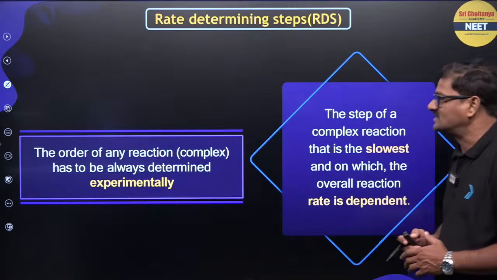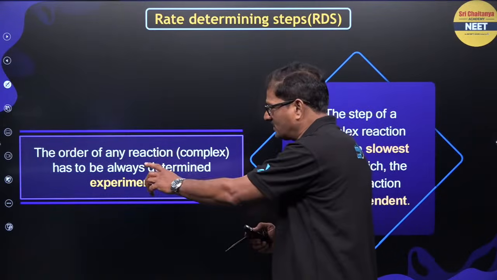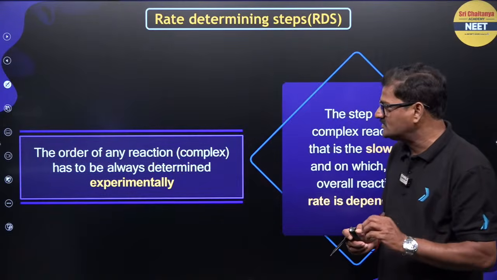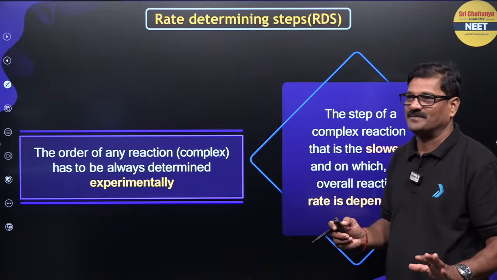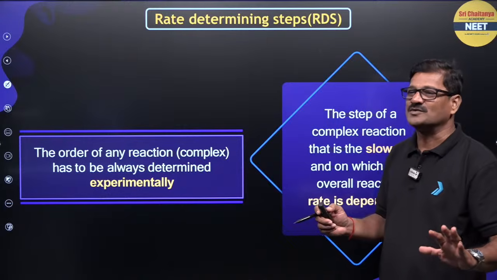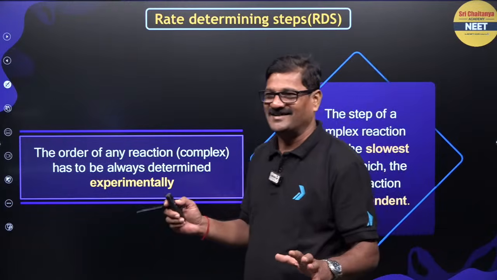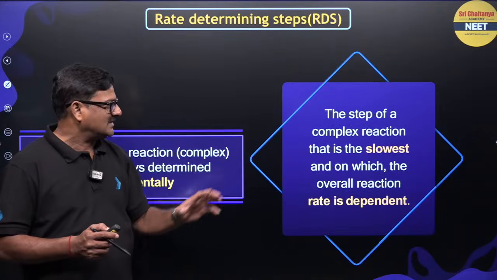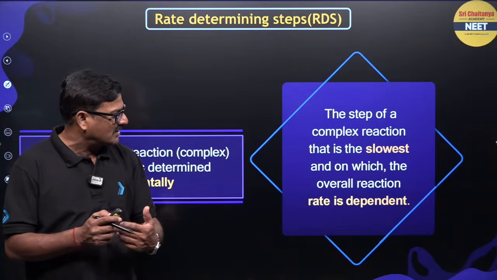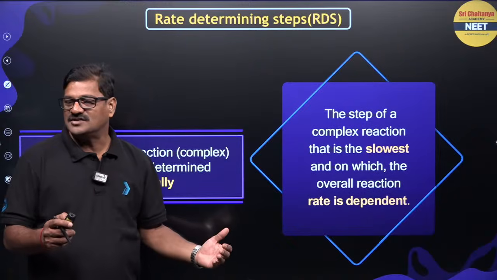And similarly, the order of any complex reaction has to be always determined experimentally. This is the universal fact. There is no bargain in it, non-negotiable. So the step of a complex reaction that is the slowest is the one by which the overall reaction rate is determined.